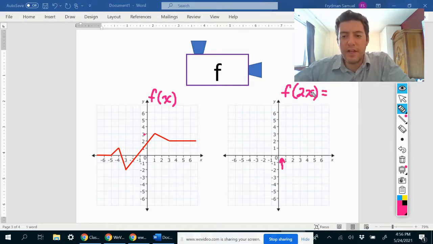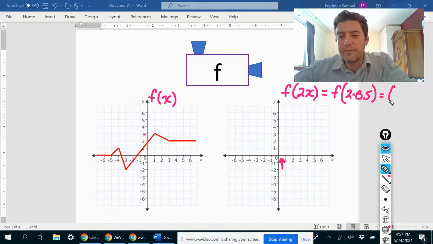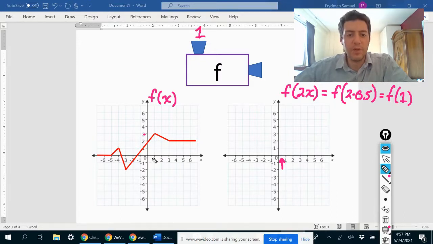So if x is a half, then we would have 2 times a half, which is 1. So actually, a half would not go into the function machine. 1 would go into the function machine, and we would get 3 out. So that's where we're going to draw the dot over there.